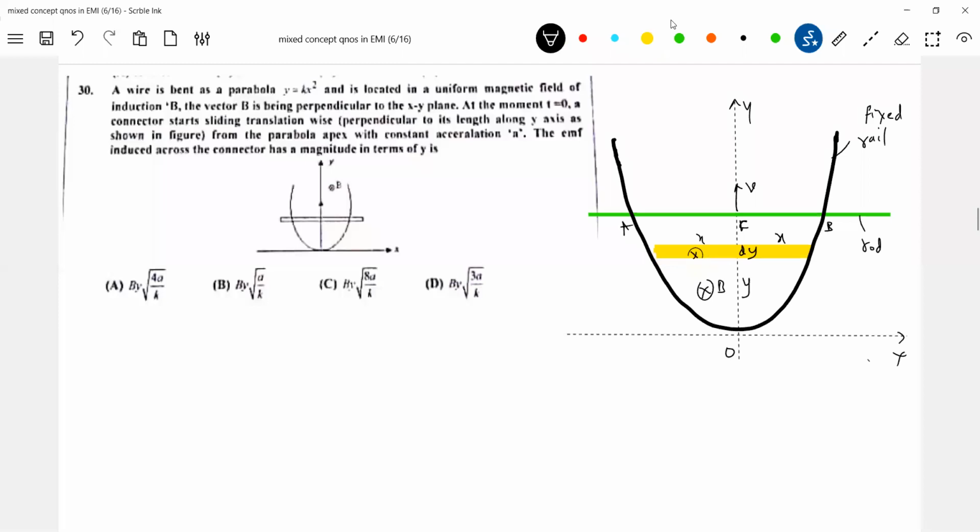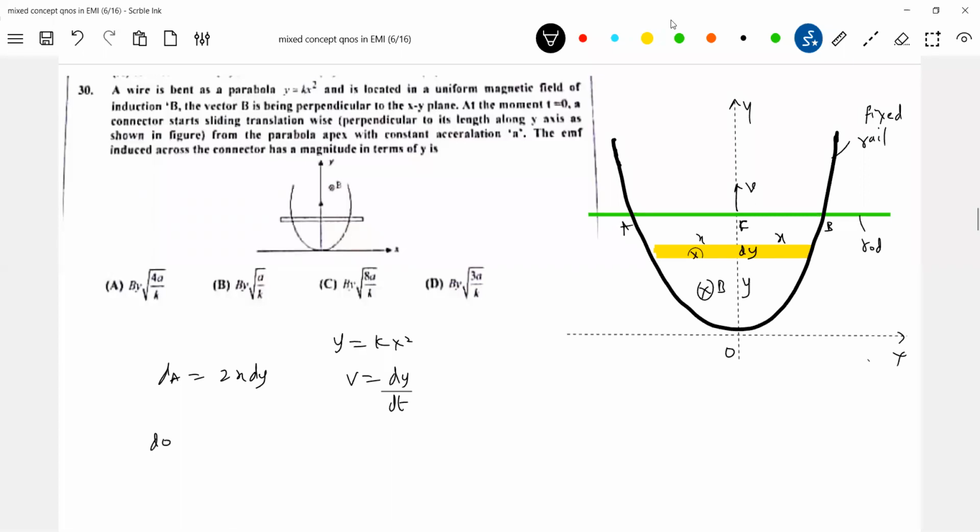What is the area of the strip? dA is equal to 2x into dy. And what is y? y is equal to kx square. I think you can manage, no? So here v is equal to dy by dt, no? The velocity along the y-axis, with a constant acceleration, is given. Let's write later on.